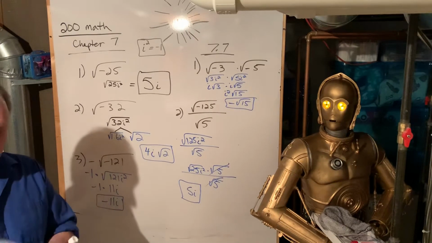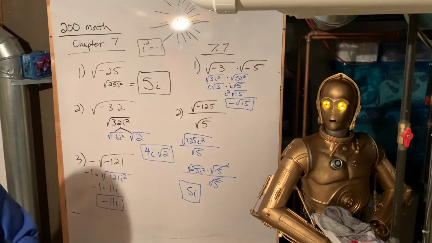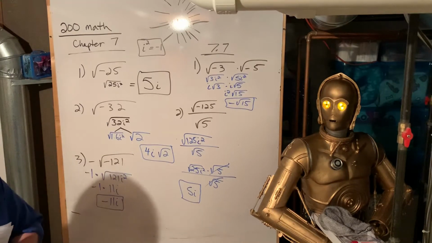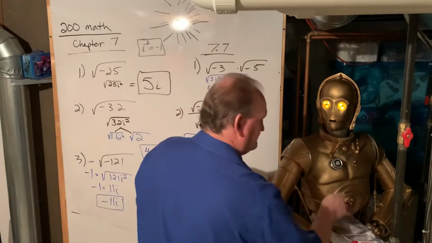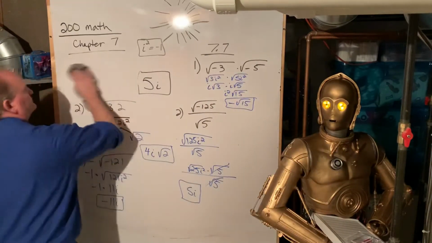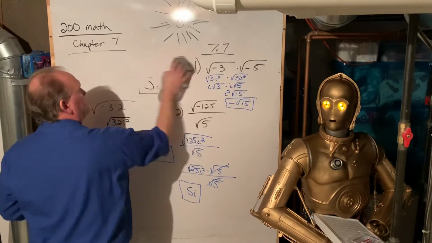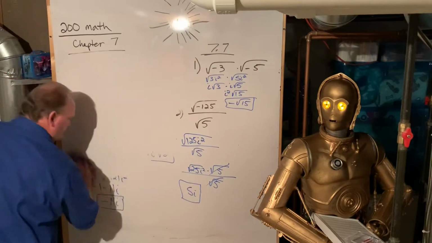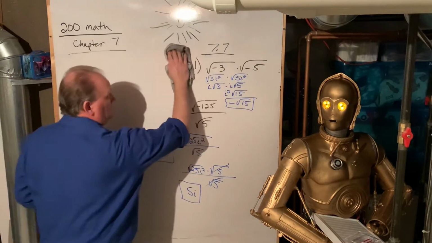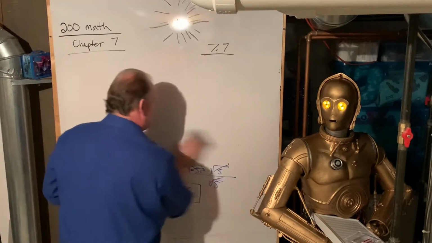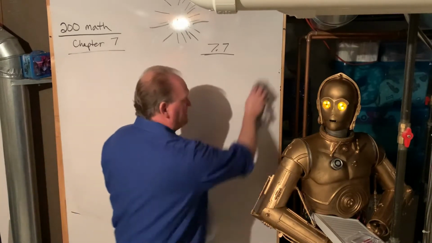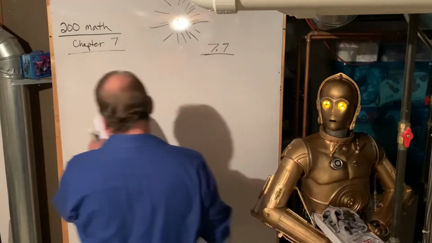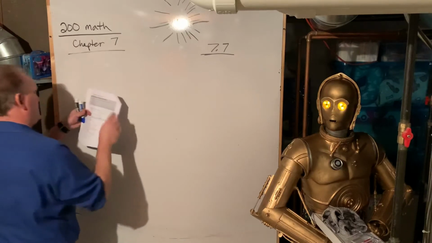Okay, let's look at the next page. Multiplying. So this is going to be a pleasant, hopefully, experience for you with imaginaries in comparison to some of the other things we've covered in this chapter.